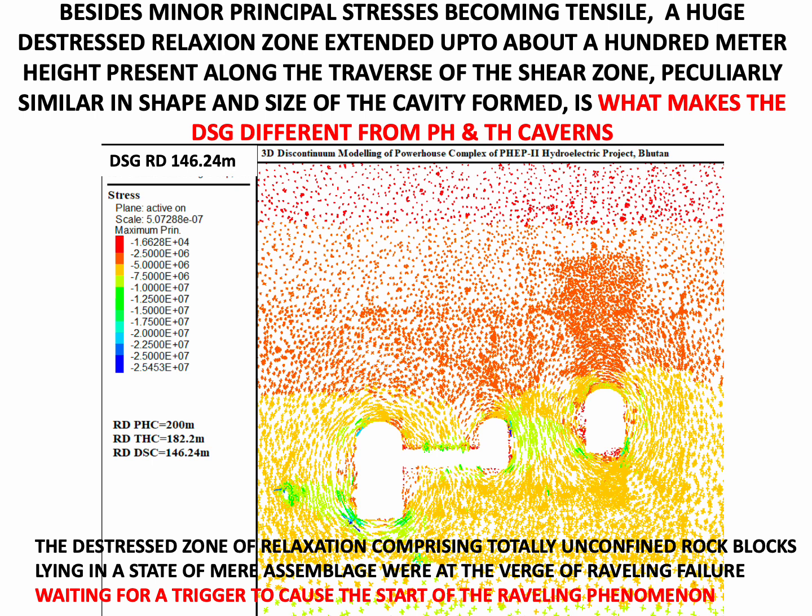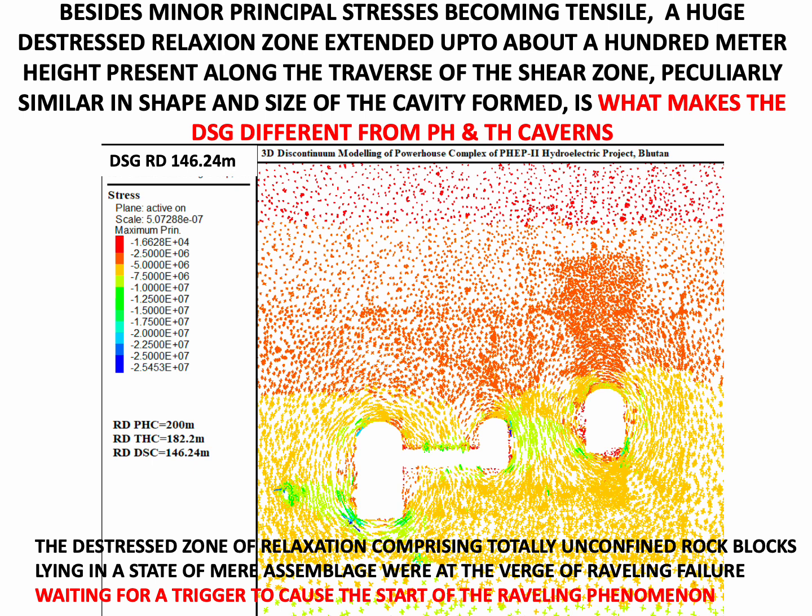Consequent to dislodging of the keystones in the walls at its bearing level, the arch action in the crown could not be sustained, as the crown comprised rock pieces which were lying unconfined due to the confining stresses having become tensile, and the other major principal stresses responsible for confining the rock pieces also got marginalized.